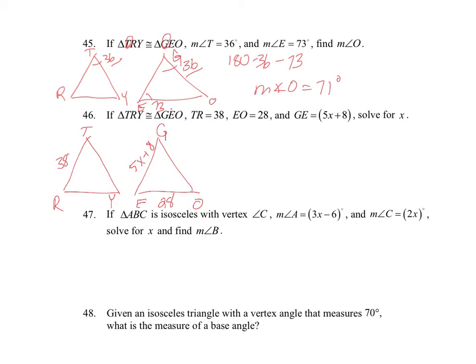So if we look at this, TR would be congruent to GO, and so I'm going to set up the equation 5x plus 8 is equal to 38, and if I solve that equation, I'm going to get that x is 6.